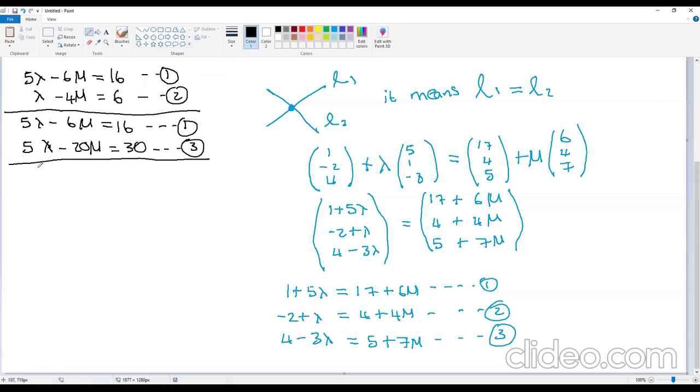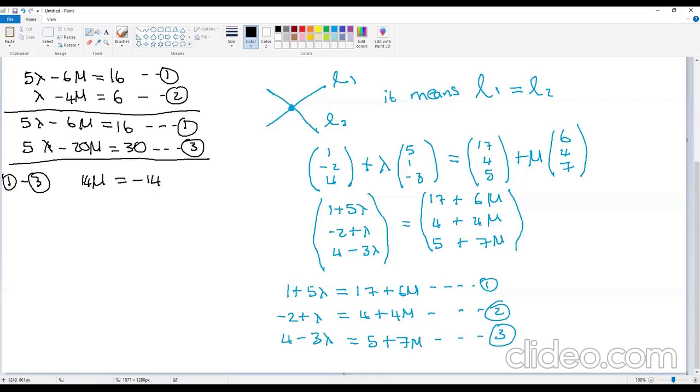Now I can say 3 or 1. Let's say 1 minus 3. This minus this will go. Minus 6 minus 20, that will be minus 6 plus 20, which is 14 mu. Then 16 minus 30, that should be minus 14.